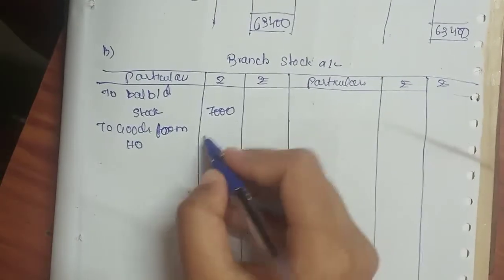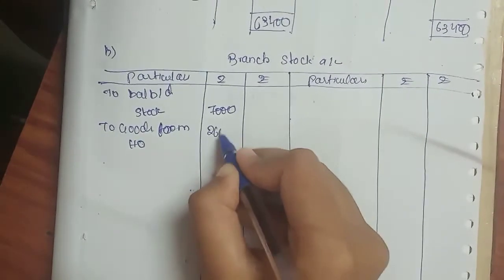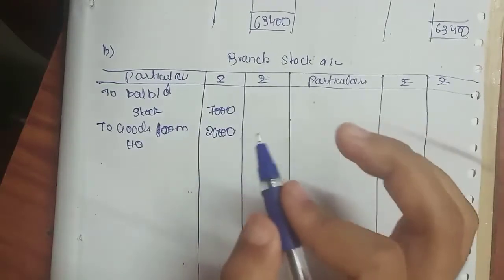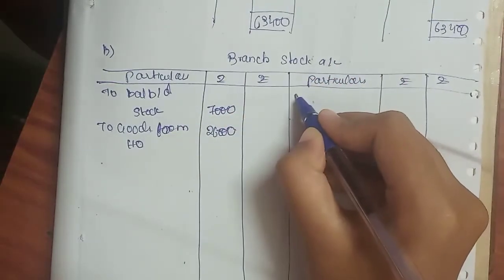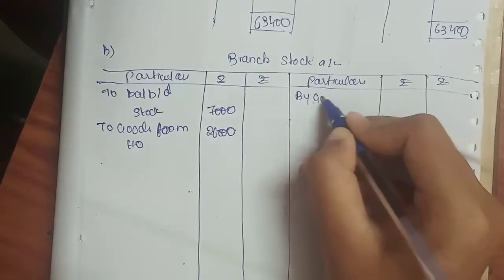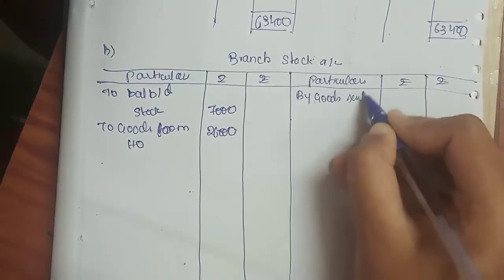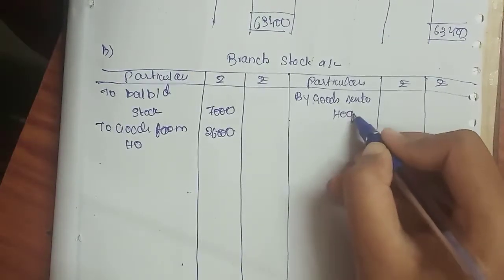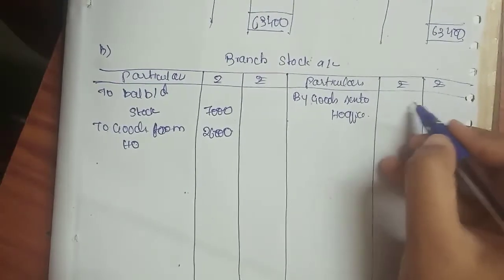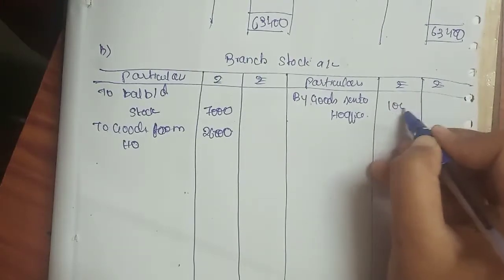So write it 26,000. That's all here regarding stock. Now on this side, by goods sent to head office, it is 1,000.